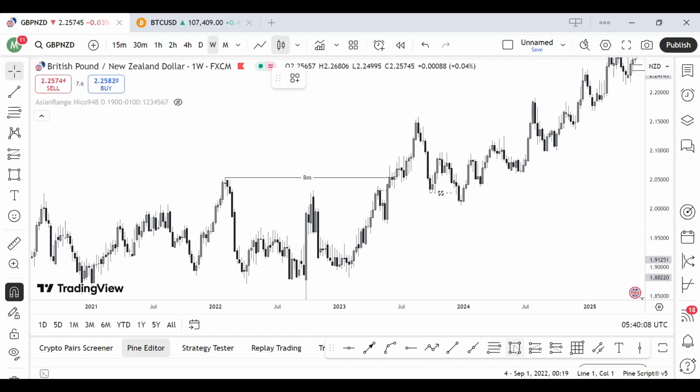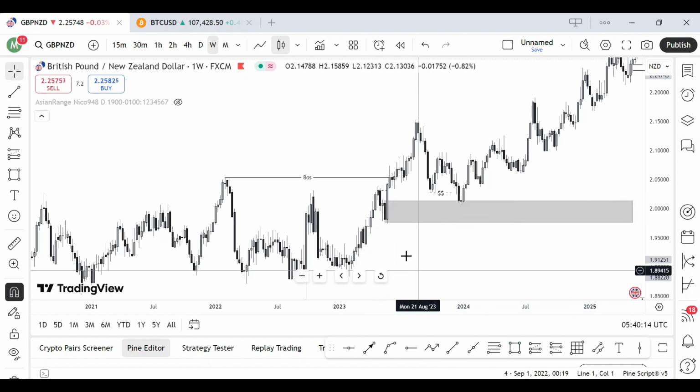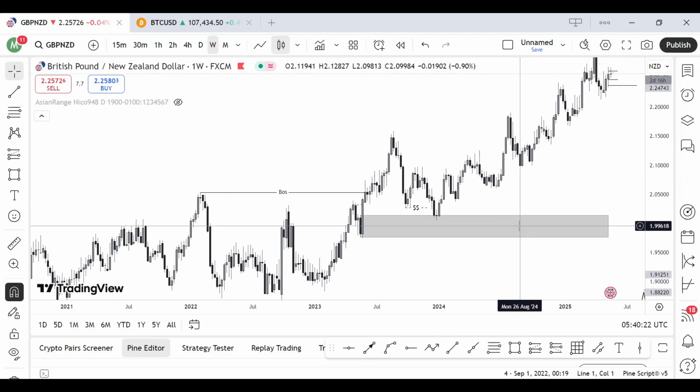So what do we start looking for? We start looking for our point of interest, which is our entry point, and we use this demand zone here. And as you know, a demand zone is the last bearish candle before an impulsive move. We'll cover more on supply and demand in more videos to come.